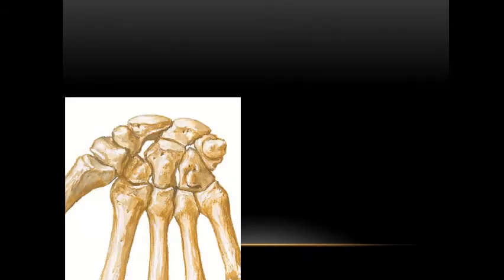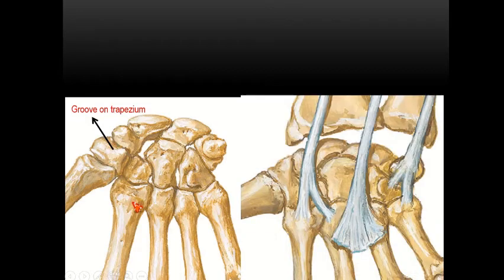Then it runs over the groove on the trapezium, and from the trapezium it runs medially and divides into two tendons, and the two tendons reach the bases of the second and third metacarpals at the palmar aspect. So there it gets inserted.